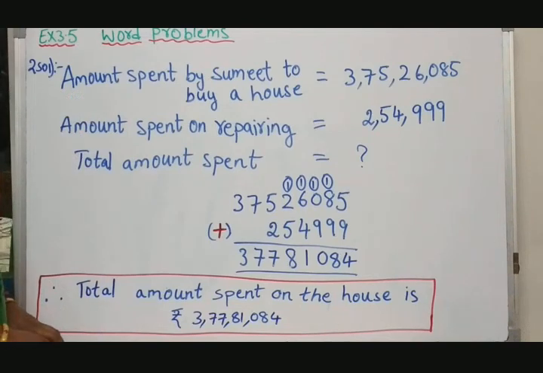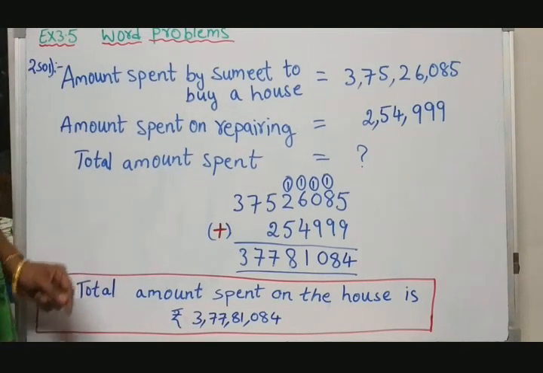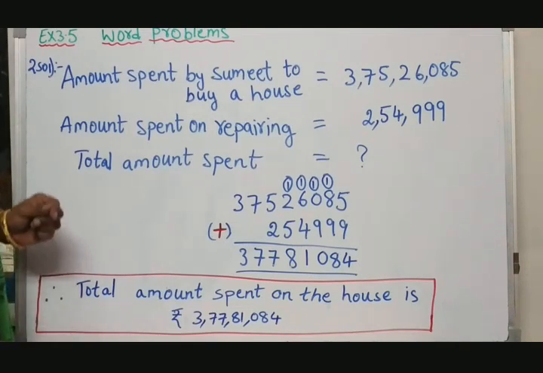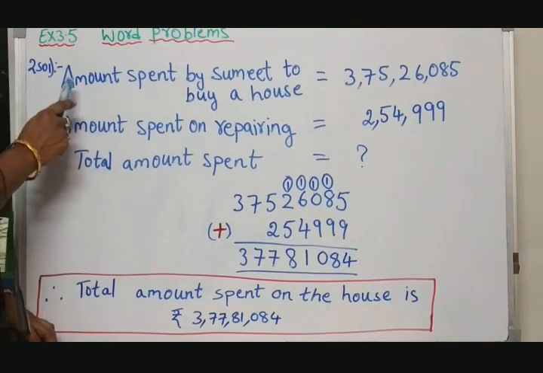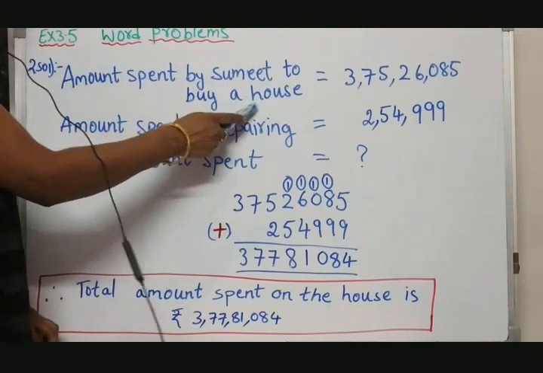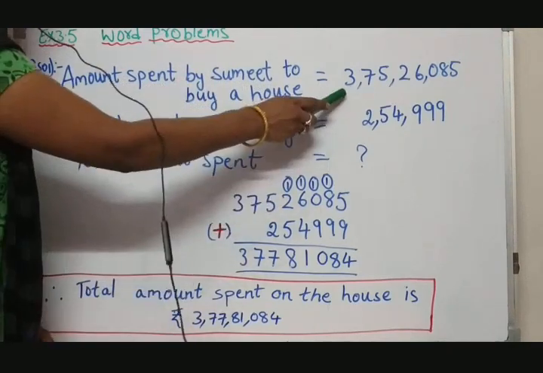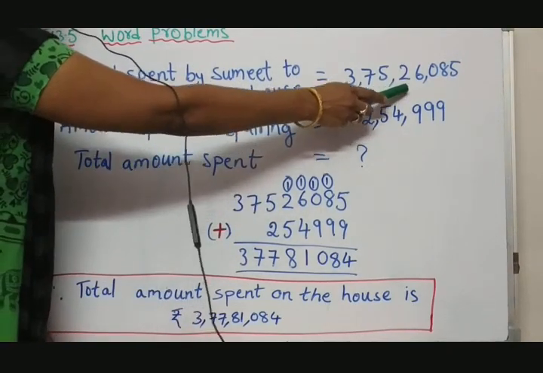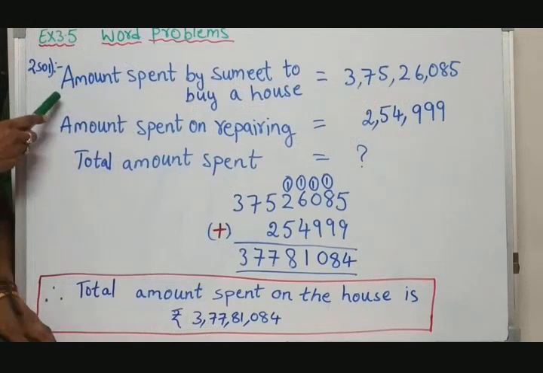Here, Sumit bought a house for rupees, some amount is mentioned. So here we are talking about the amount spent on a house. So the statement should start with the word amount. Amount spent by Sumit to buy a house is 3 crores 75 lakhs 26,085. That will be the first statement of the solution.